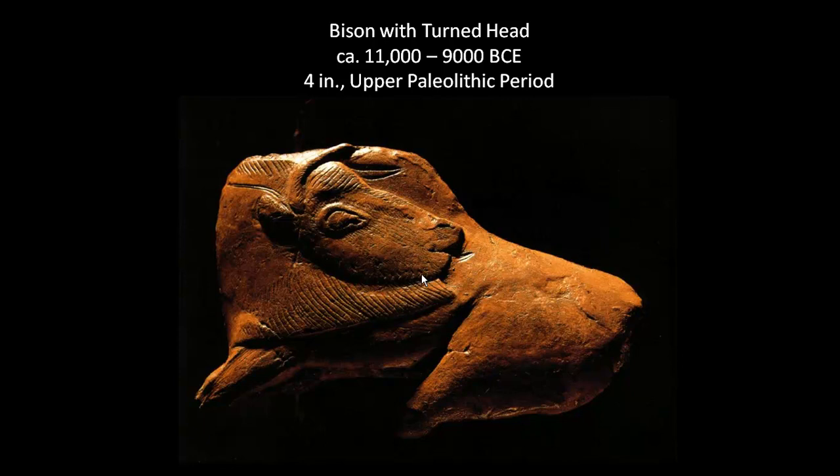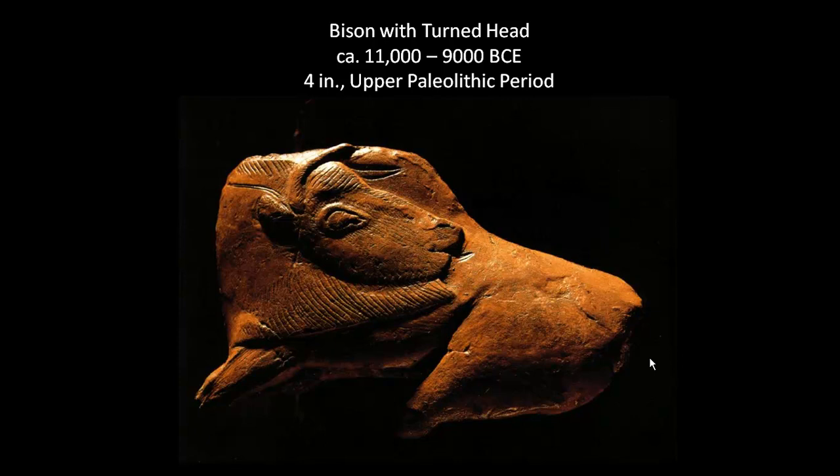Now we can say a couple things. One, we could say that it's a space-saving device. The artist comes across this nice little 4-inch piece of reindeer horn, totally wants to use it for a sculpture, but because there's not enough room, the head is turned inward. That is a possibility. Another possibility, and I quite like this one, is that the artist was trying to give a sense of the essence of the bison, the bisonness of the bison, right?